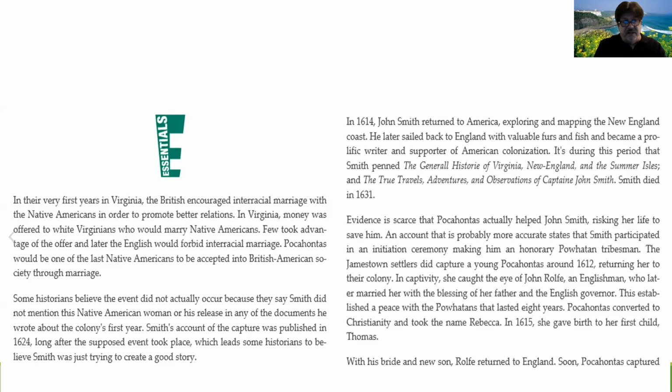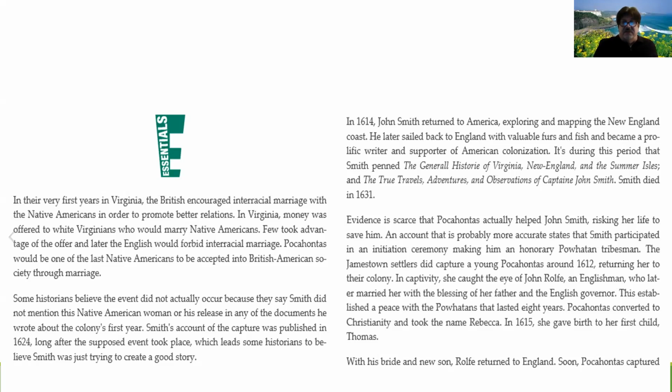In captivity, she caught the eye of John Rolfe, an Englishman who later married her with the blessing of her father. That would be the chief and the English governor.